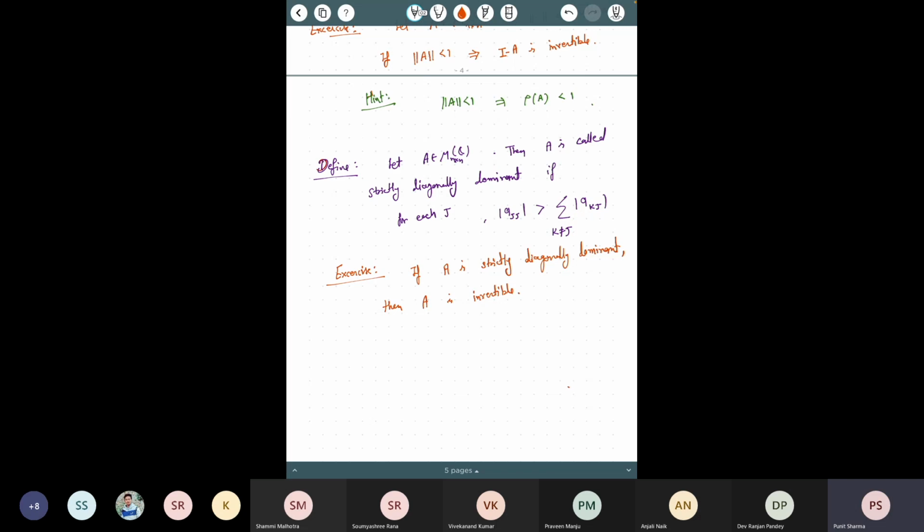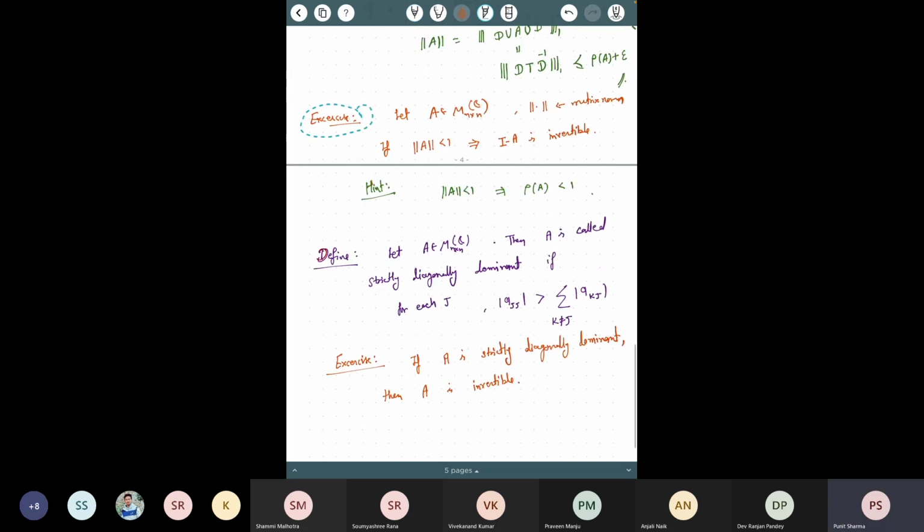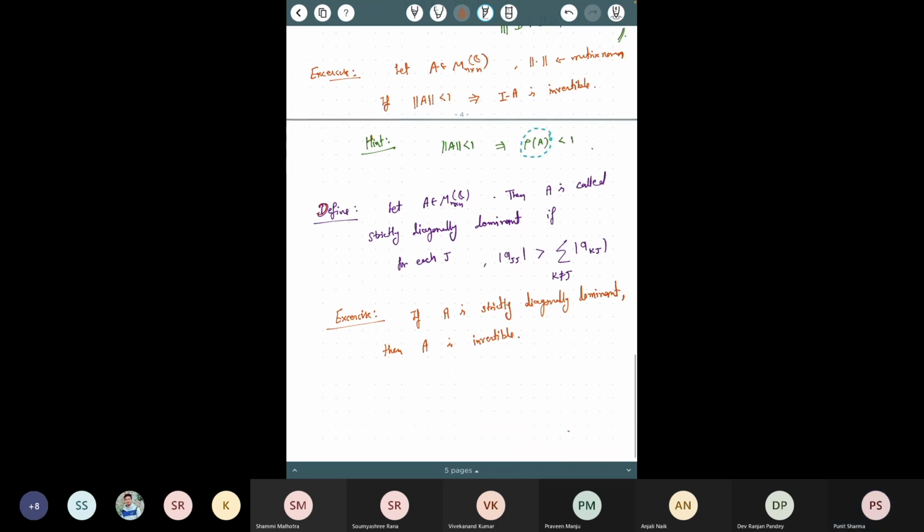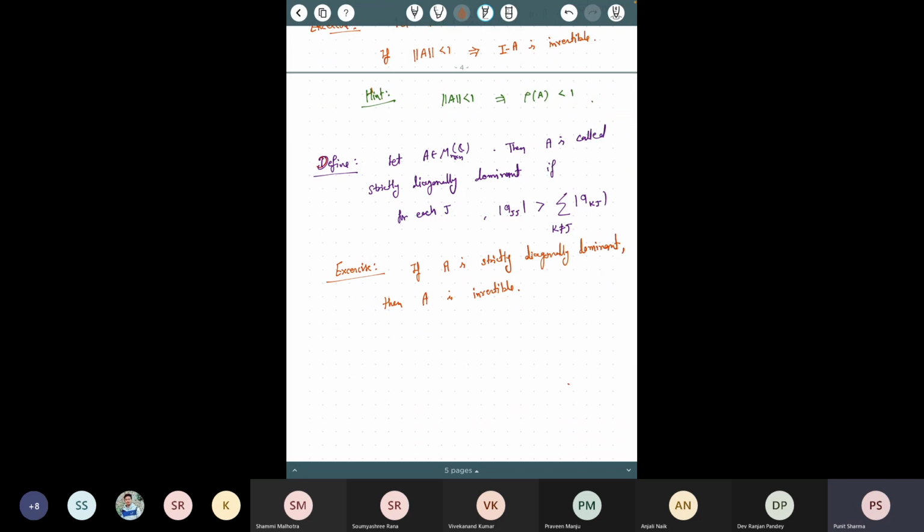You can use the previous exercise here, this one, and you can use the fact that for any matrix norm, rho(A) is less than or equal to norm A. So using this, you can prove this one. All right, so this is also an exercise for you.